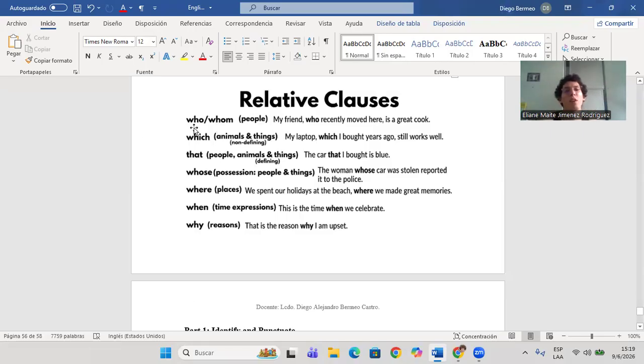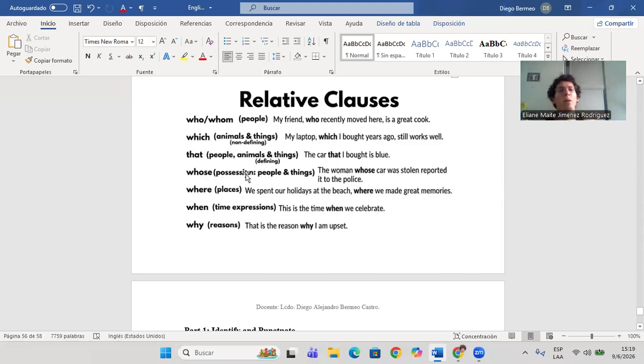So whenever you can, if you can use the others, it will be good as well, so that your English sounds way more advanced. But if you're talking about something very crucial, something very important, something that is definitely a defining relative clause, then I suggest to use that. But if you have another option, try to use one of the others.